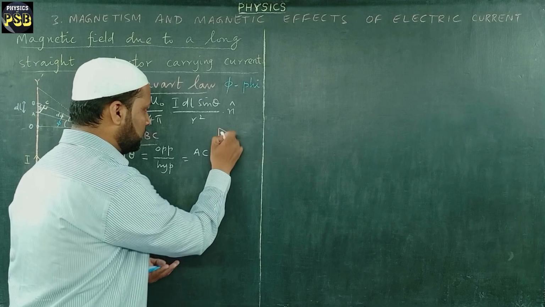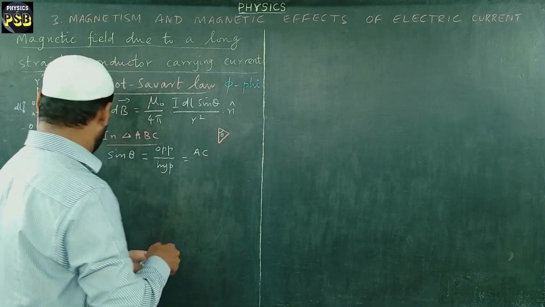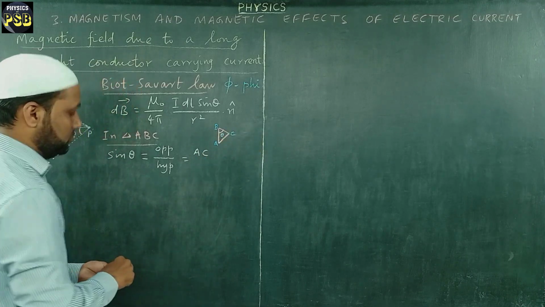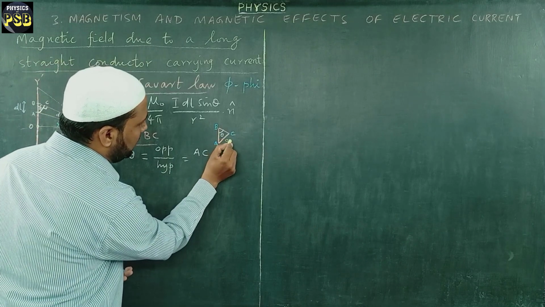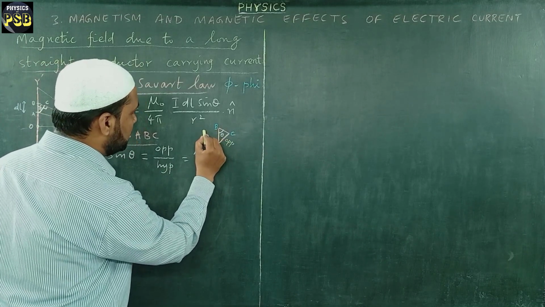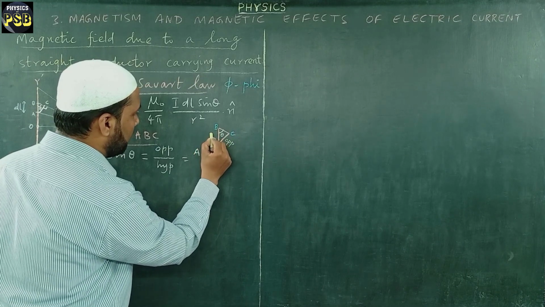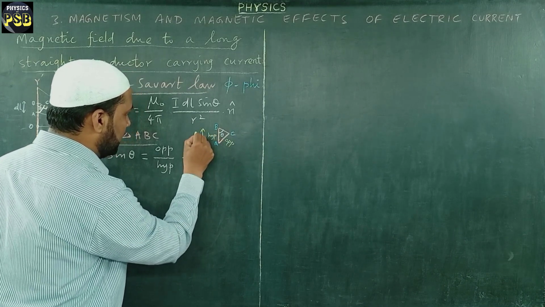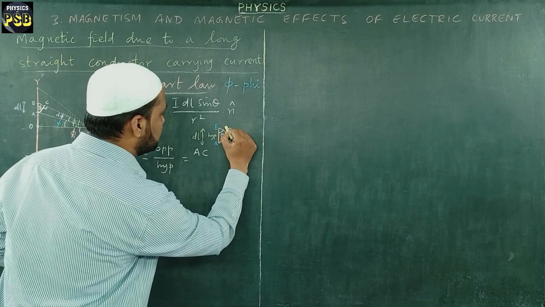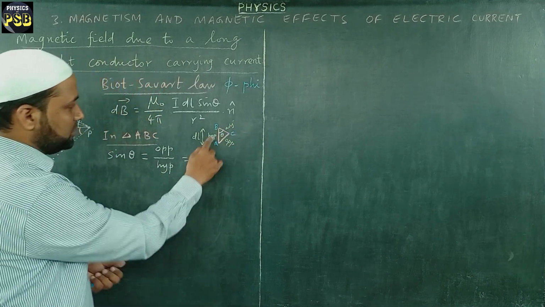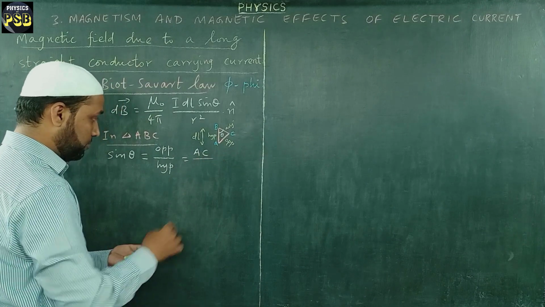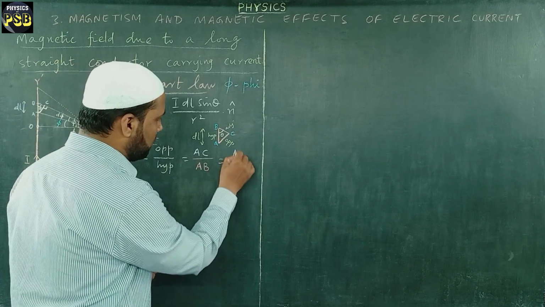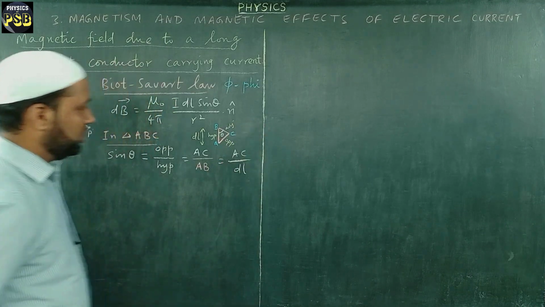This is theta, and here A, this B, this is C. If it is so, then this is the opposite side, AC. This one, whose length is dl according to the diagram, is nothing but the hypotenuse. And this is the adjacent side. So the opposite side AC divided by the hypotenuse AB, and the value of AB is dl, as I mentioned from the diagram.